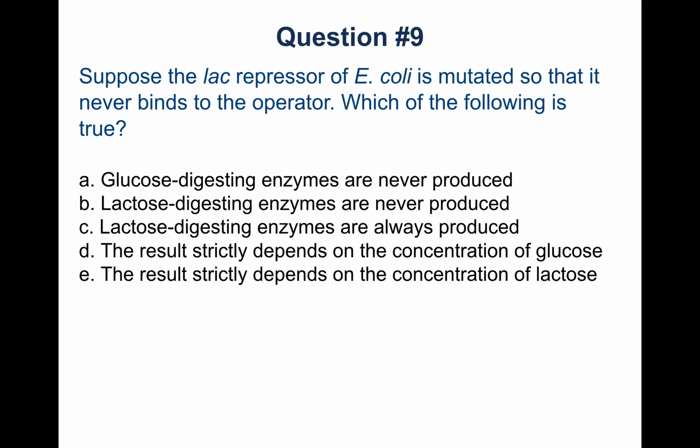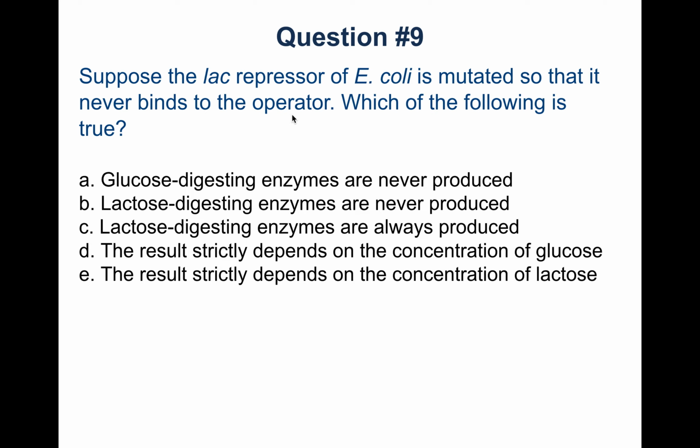So the lac operon is one that is typically off unless lactose is present or available. And if that happens, then it basically turns the lac operon on. So it's typically off. It is an inducible operon. All right. So if you have a mutation in the lac repressor so that it never binds to the operator, that means the operator is always open.